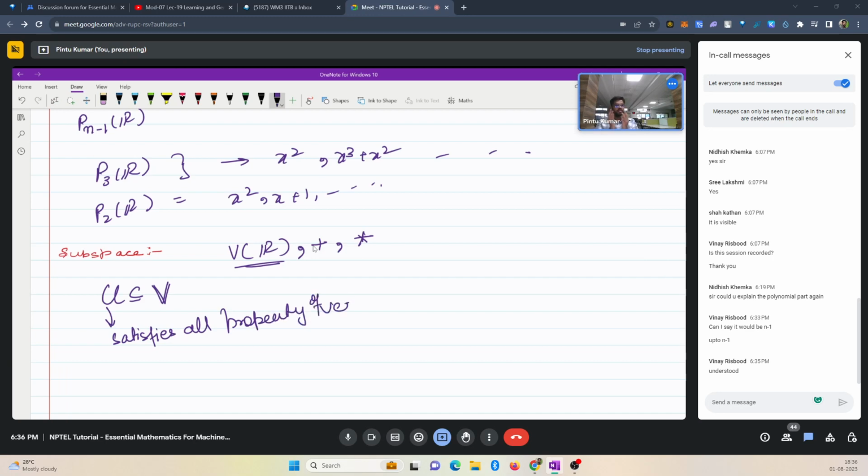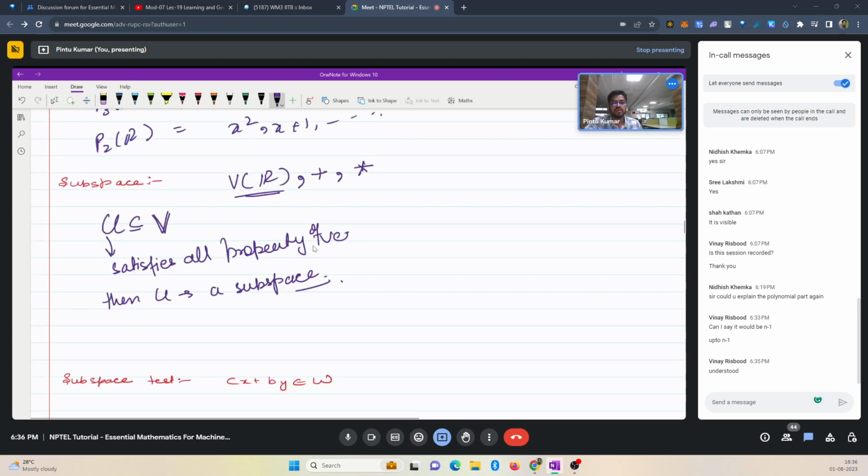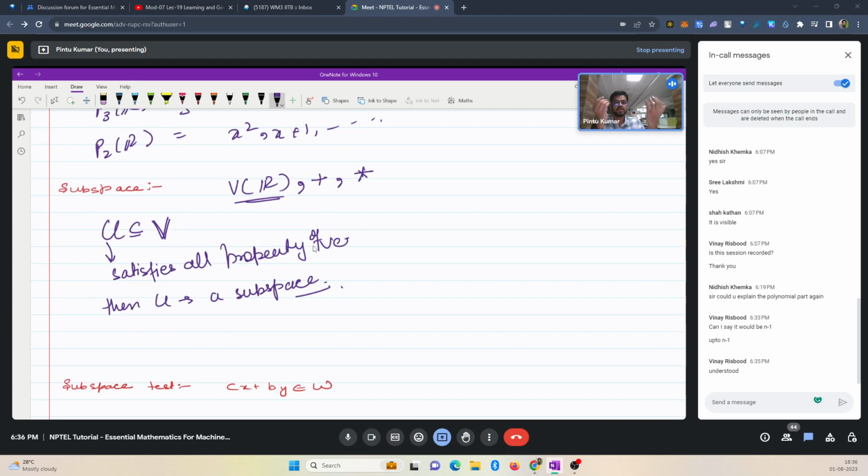Then we call U a subspace of our vector space V. So this is the definition of a subspace, that U must be a subset of our original set, and it should also be a vector space with respect to the same operations that we had for V.